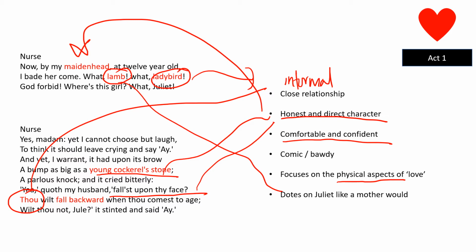And so for us in this story, her relationship with Juliet is very, very important, because she's got nobody. And so you can see how she dotes on her. For the nurse, Juliet is a replacement child, and really, she sees her daughter in Juliet. So that shows how close that relationship is.